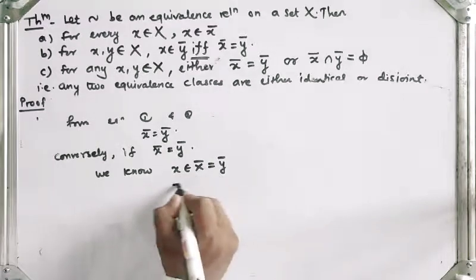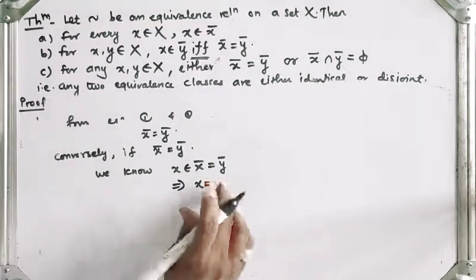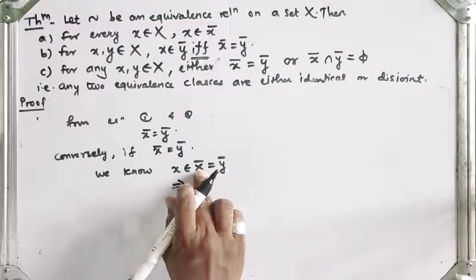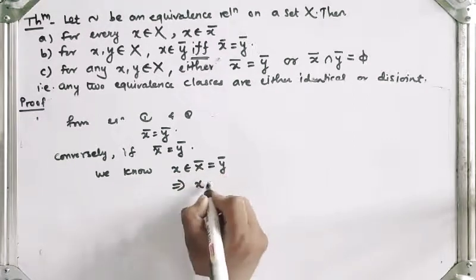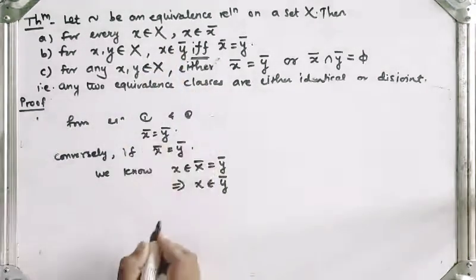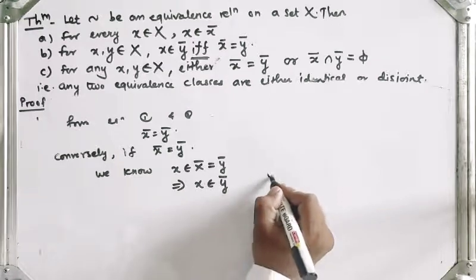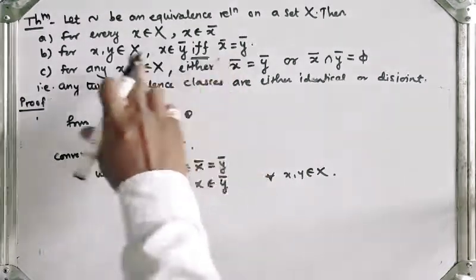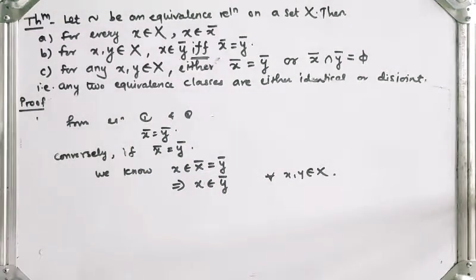So x belongs to x bar and x bar is the same as y bar, so x must belong to y bar. Hence the proof for all x, y belonging to the set X. Hence the second proof.